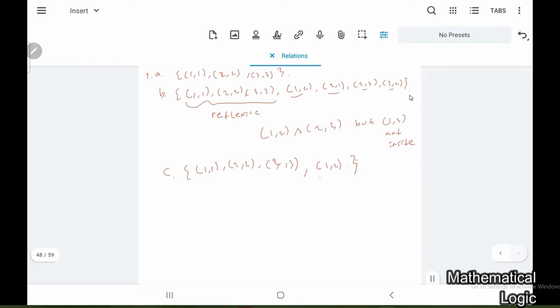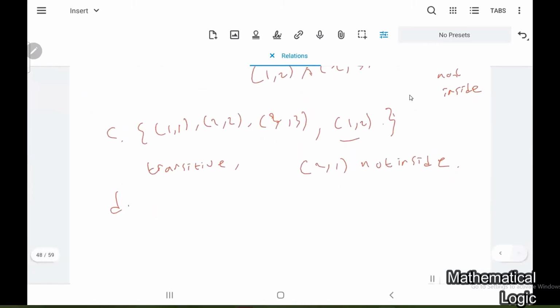So this one should be transitive. And it's clear that 2,1 is not inside, so this one is not symmetric. Okay, hopefully you can catch the reason behind why we pick that kind of elements, and we try to make it as simple as possible.